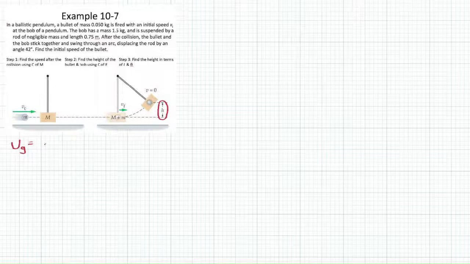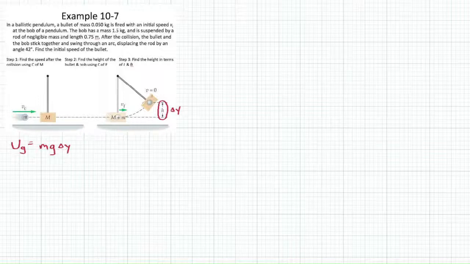You probably remember this from a chapter or 2 ago where we said the potential energy due to gravity is mass times gravity times, well, you can call it h, but we've been calling it delta y. You can call it h or delta y. But this should look familiar to you: mgy, mgh, mass times gravity times the height.